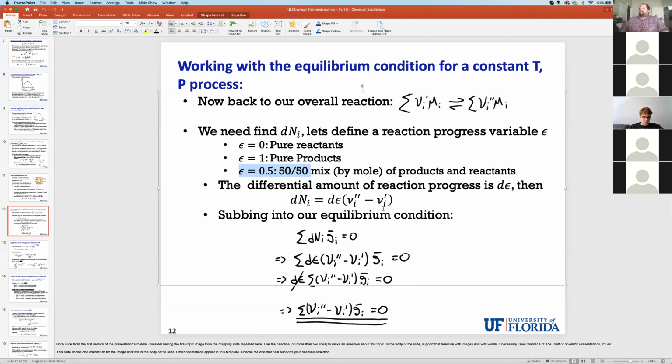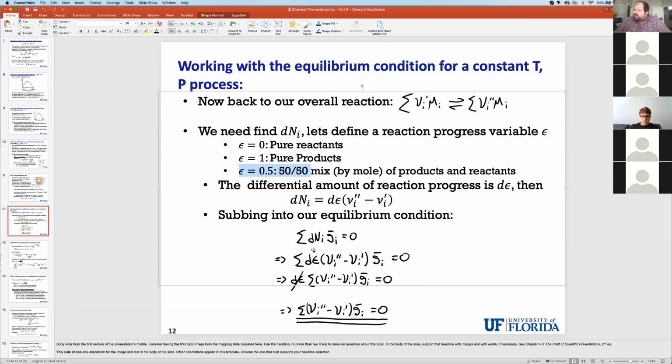Okay, and so now we'll take this definition and substitute it into our equilibrium condition that the sum of dn_i g-bar_i is equal to 0. I'm just going to take this and stuff it in to here, and we have the sum of d epsilon times (nu_i double prime minus nu_i prime) times g-bar_i is equal to 0.